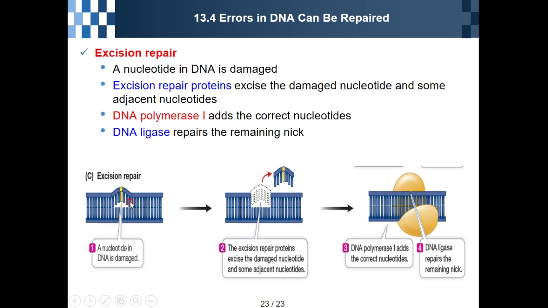For example, if we receive a lot of UV during the summertime, at that time our DNA is damaged. Because UV has very short wavelengths, it has high power. Sometimes DNA can be damaged.